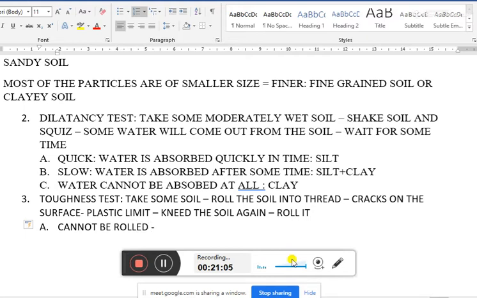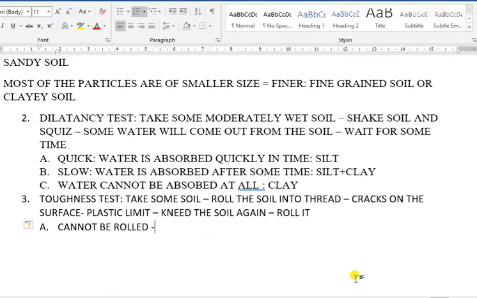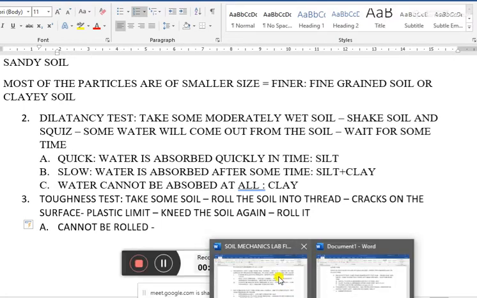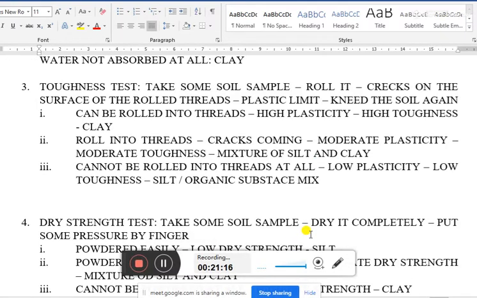Then the soil has low plasticity. Cannot be rolled means the thread will break. If you try to roll it into threads, obviously that soil cannot be rolled into threads.